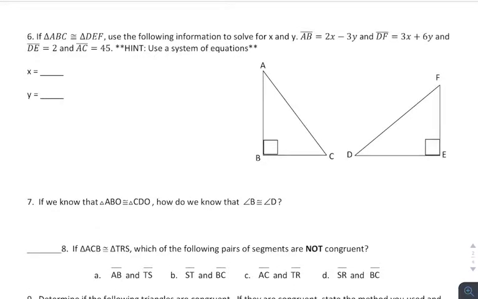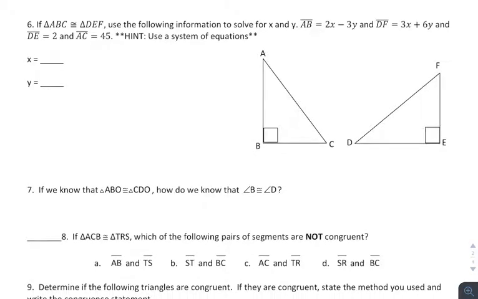All right, number 6, it says use the following information to solve for x and y. It says AB is equal to 2x minus 3y. DF is 3x plus 6y. DE is 2 and AC is 45.